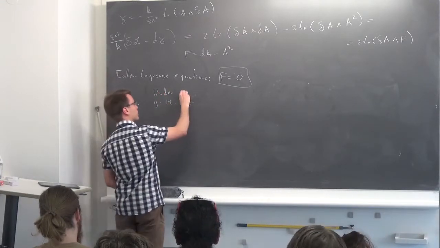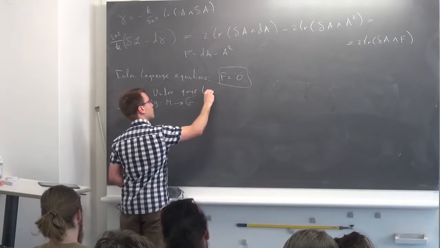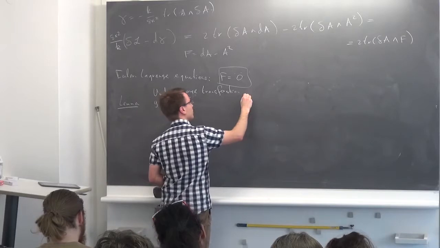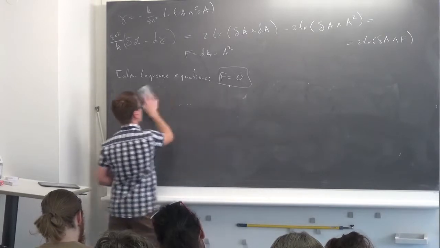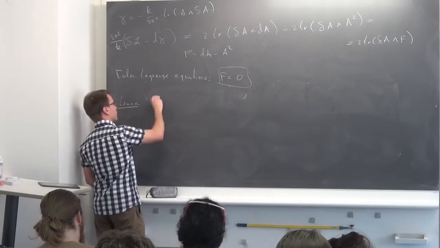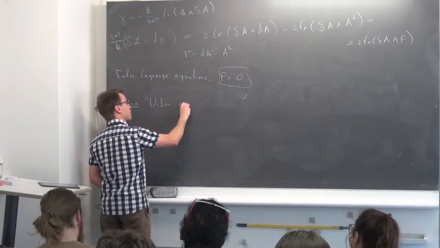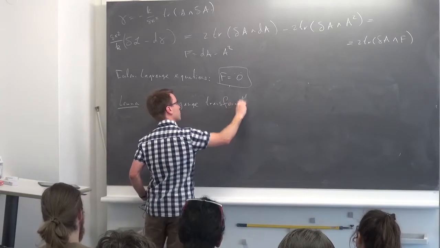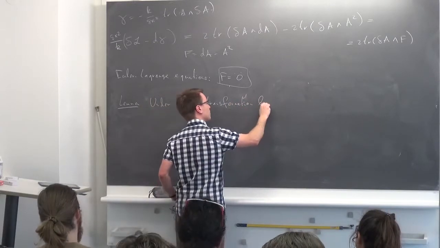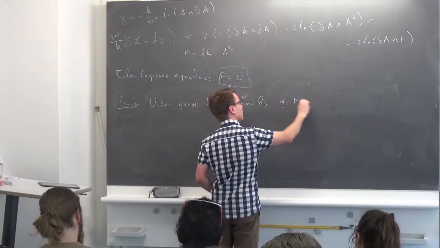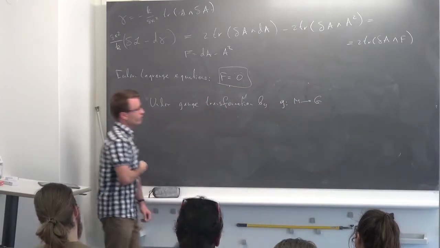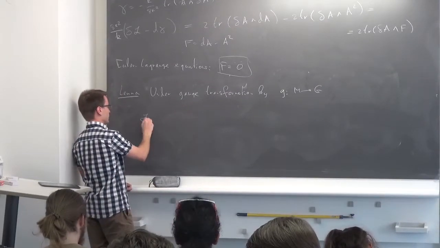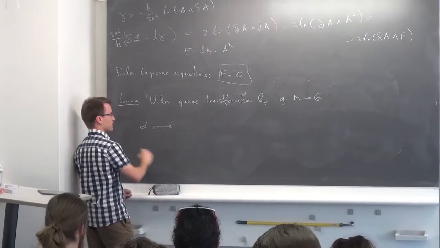So if you apply a gauge transformation given by this G, the action, or more precisely the Lagrangian density, changes by the following formula.